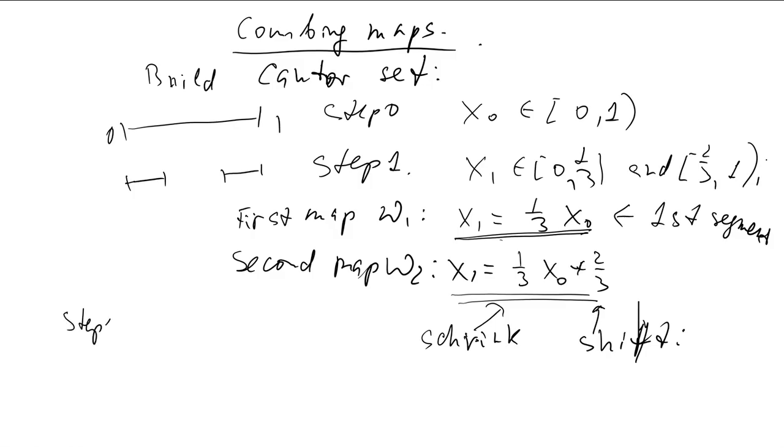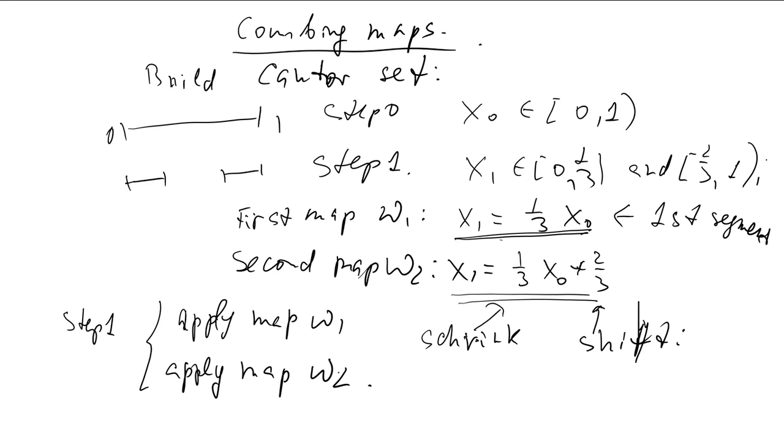At step 1, we apply maps twice: map omega 1 and map omega 2. And you do the same at any step n: apply 2 maps.